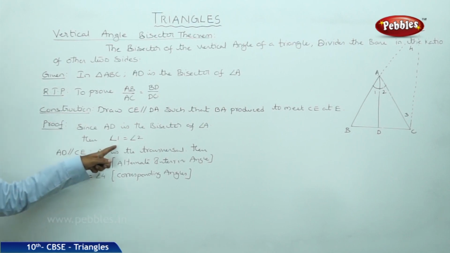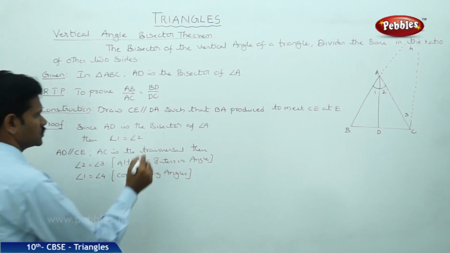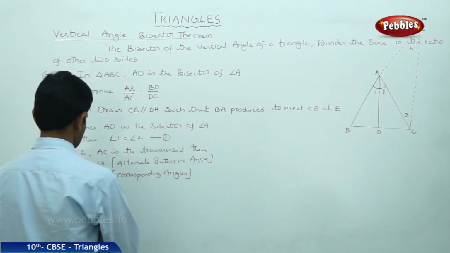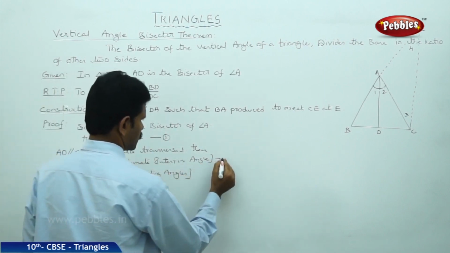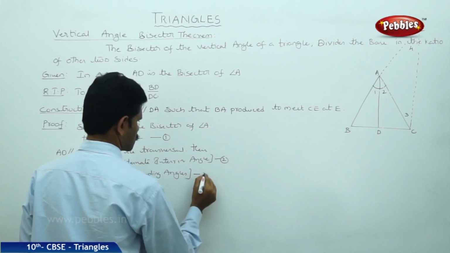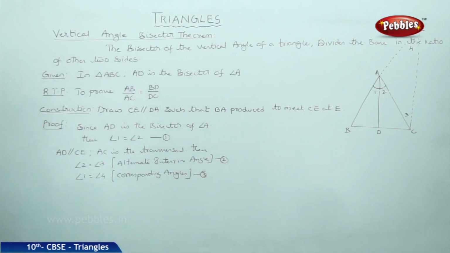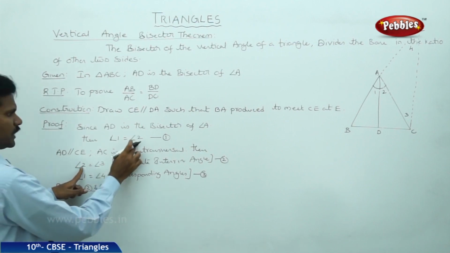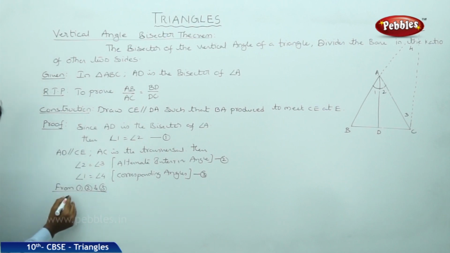Now angle 1 is equal to angle 2, this is equation 1. Angle 2 is equal to angle 3, this is equation 2, and this is equation 3. Now from 1, 2 and 3, angle 1 is equal to angle 3.